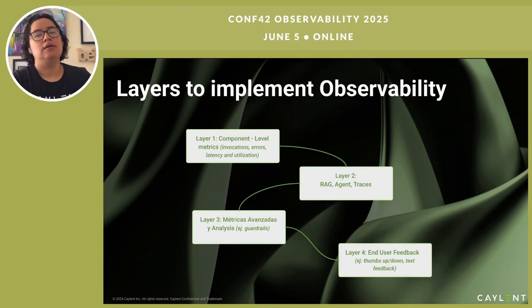Layer three, the metrics and analysis related to guardrails. How many users try to get sensitive data for a customer? How many users try to get information about your cost or something? That is something you need to keep in mind because you probably need to change the way your data is being populated to your models.